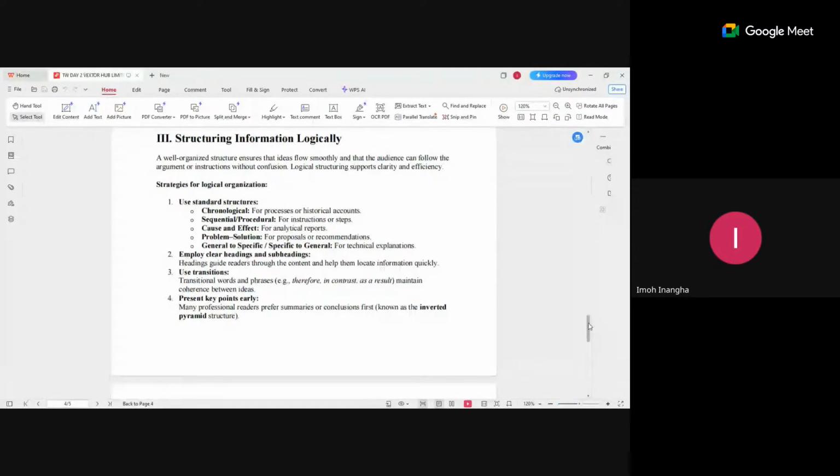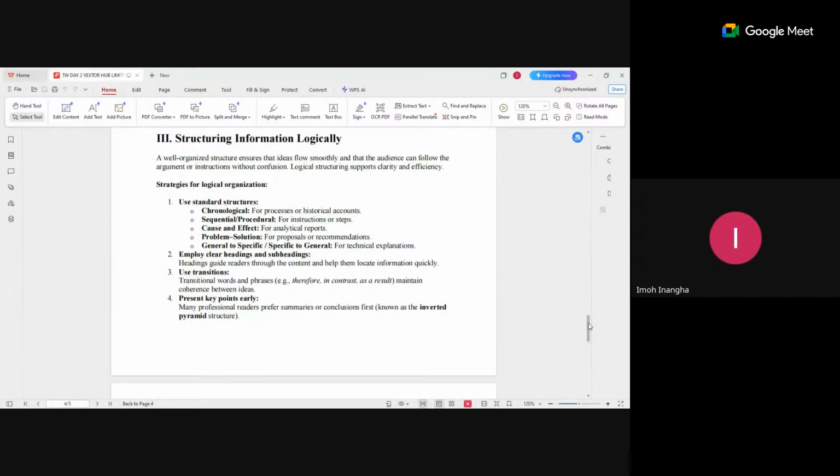Sequential or procedural, for instructions or steps. Cause and effect, for analytical reports. Problem solution, for proposals or recommendations. General to specific, specific to general, for technical explanation.